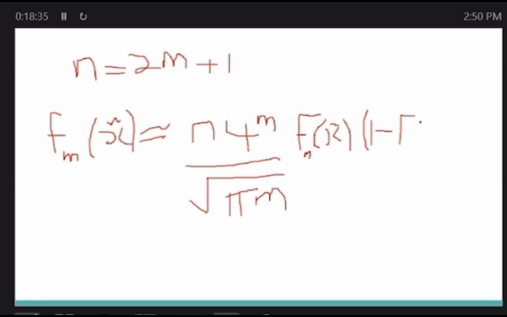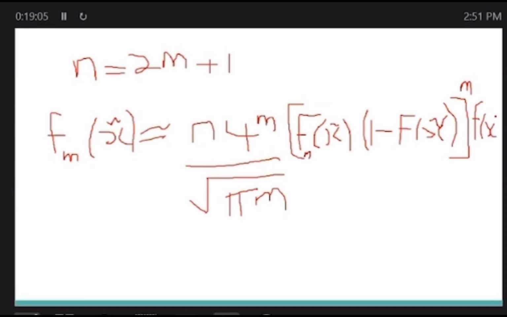If you're not seeing what I'm writing, please let me know. What I'm putting there is x, not x bar. Then this is raised to the power m, then multiplied by a lowercase f of x.